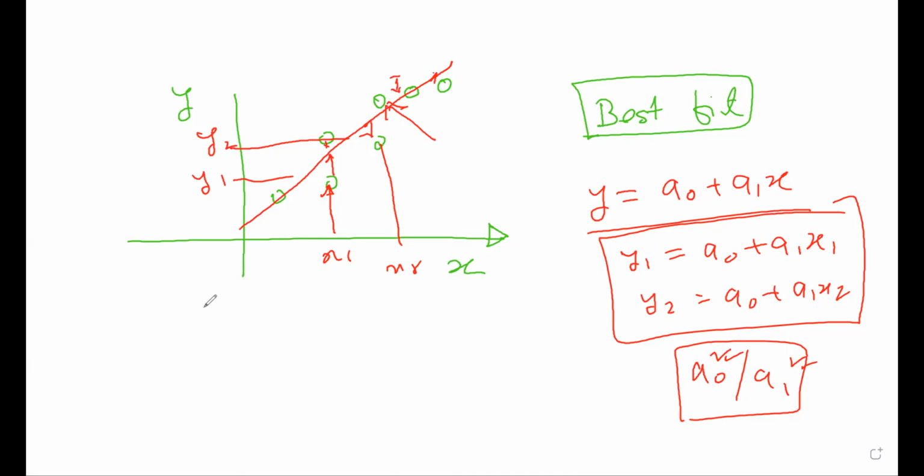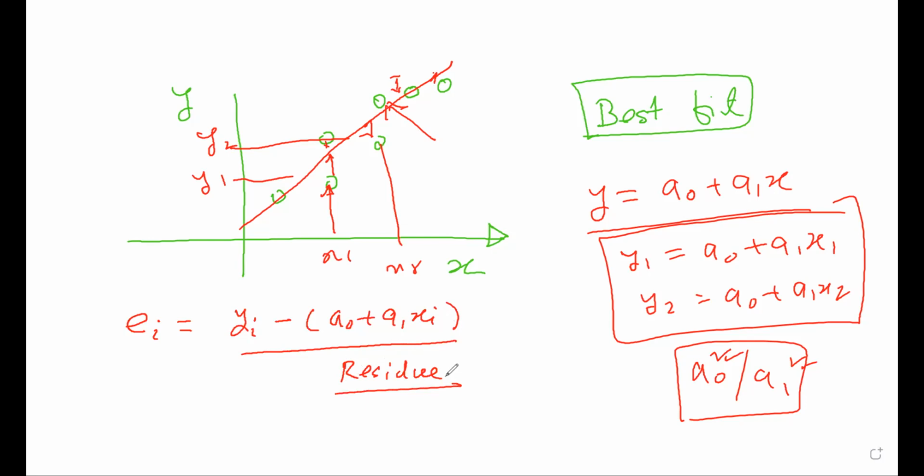The reason is that at each point, if we want to calculate the error, that error Ei at the ith point would be equal to our original measured value yi minus the value predicted by A0 and A1 with xi, isn't it? Yes, sir. That particular difference is sometimes called residue.